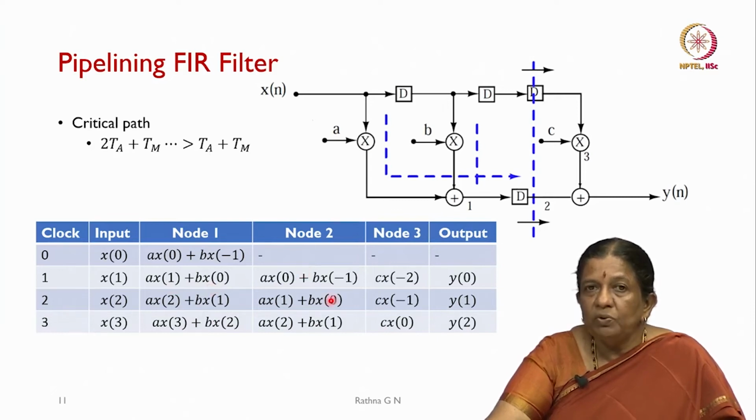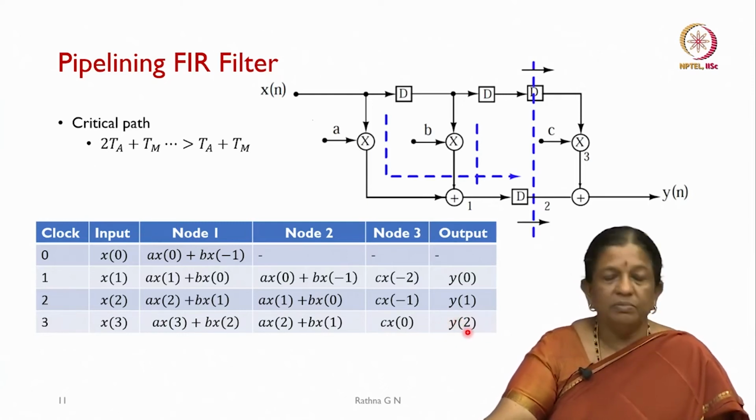In node 2, because this has moved to the next clock cycle, it will be a into x of 0, the previous one, plus b into x of minus 1, and in node 3 it is going to be c x of minus 2, and this will be my y 0. In the same way, in the third clock cycle all the units become full, then y 2 will be my output, which is completely correct.